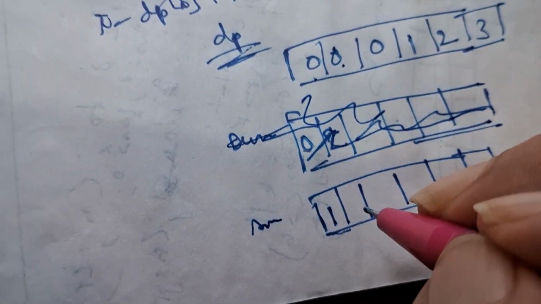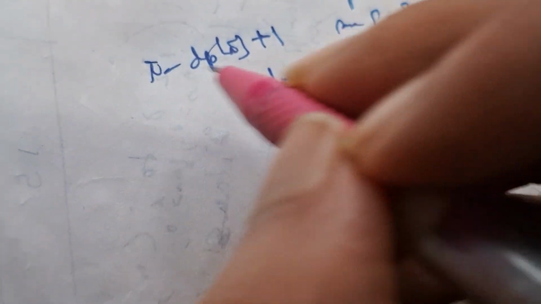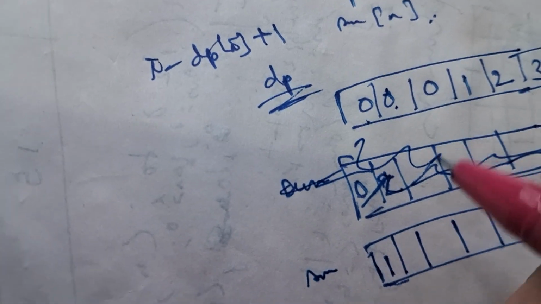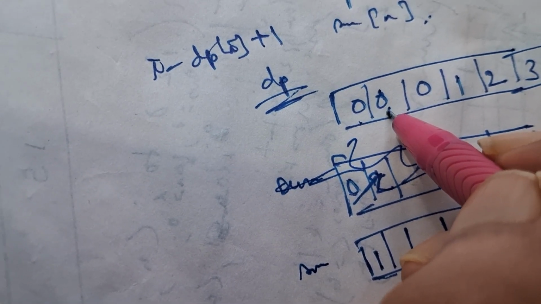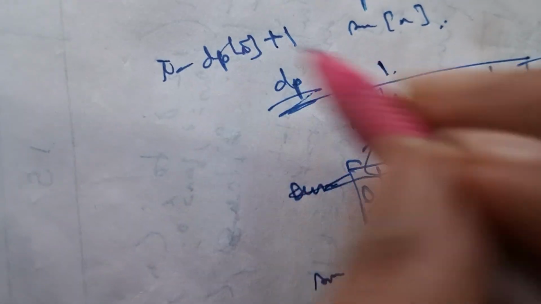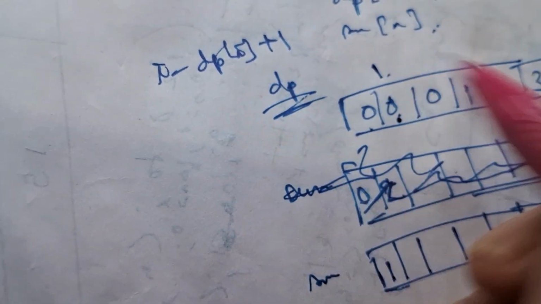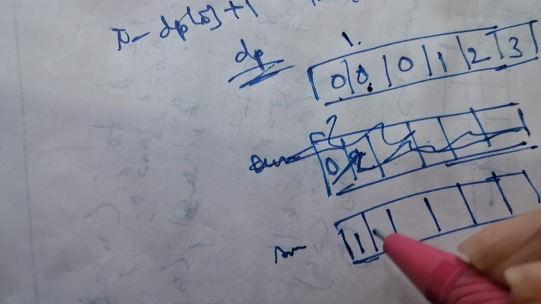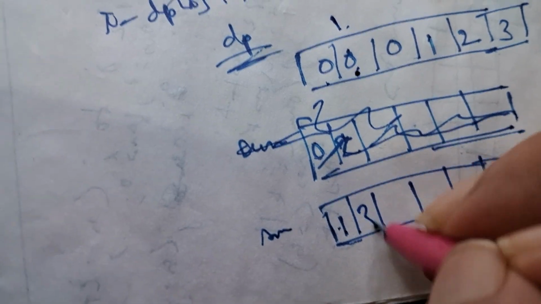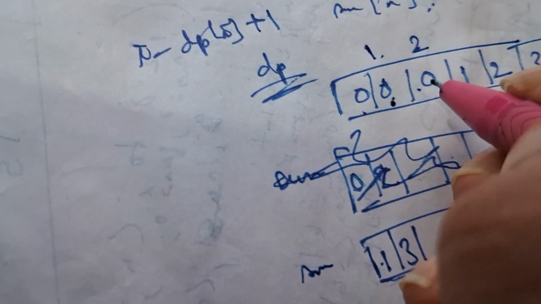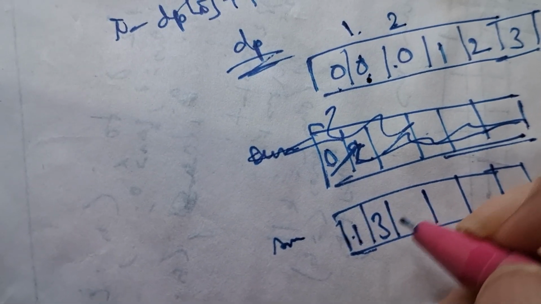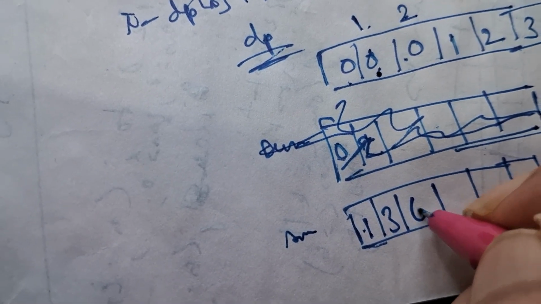Okay, so again, we're going to check for this i minus DP of i plus 1. So i is 1, 1 minus DP of i, that is 1, plus 1, that is 2, and we are going to add 2 to 1, so that becomes 3, right? For this, it is 2, 2 minus 0, that is 2, plus 1, that is 3, then we are going to add 3 to this, that is 6.